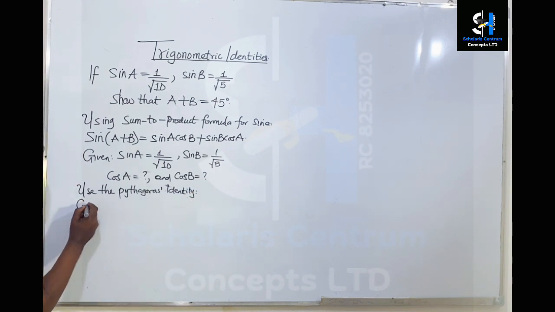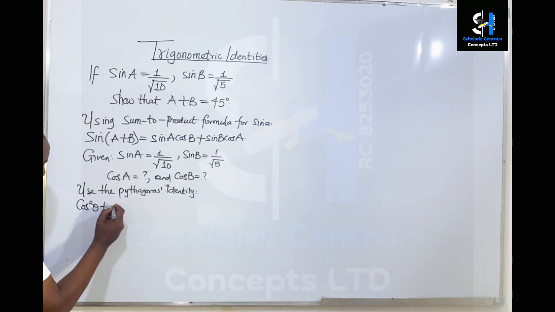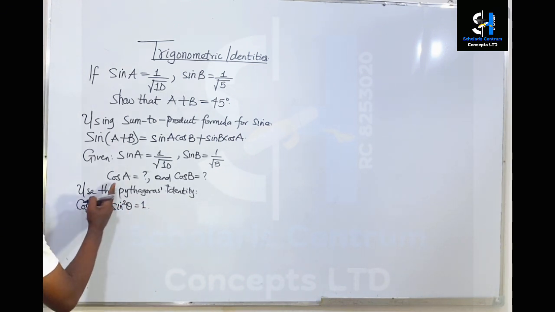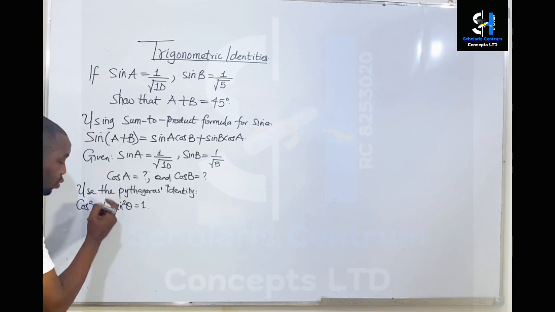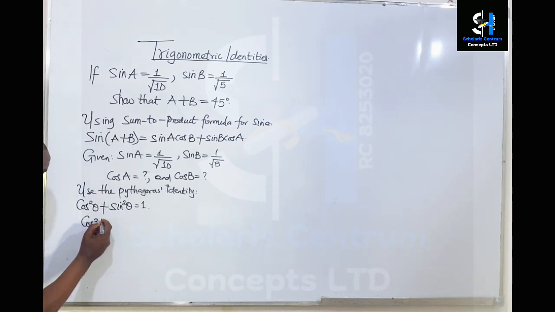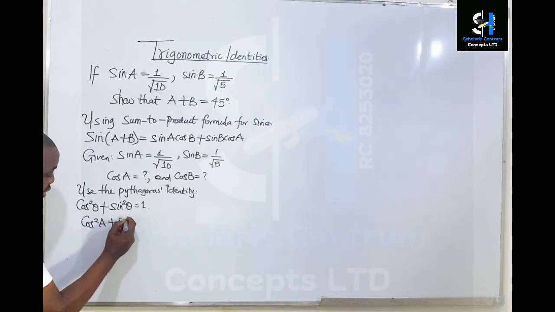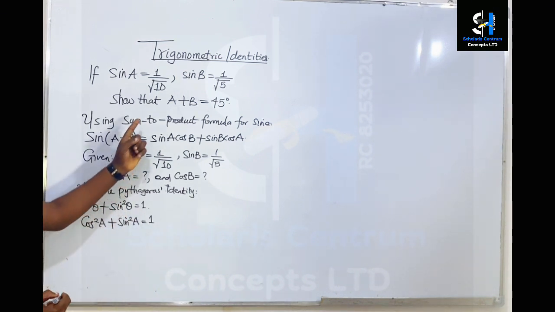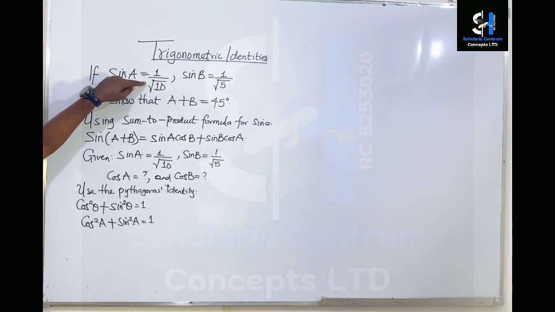So we know that cos² theta, let's say the angle is theta, plus sin² theta equals 1. Now, because we want to obtain the value for cos A, we can write cos² A plus sin² A equals 1. Now we know what sine A is, which is 1 over root 10.